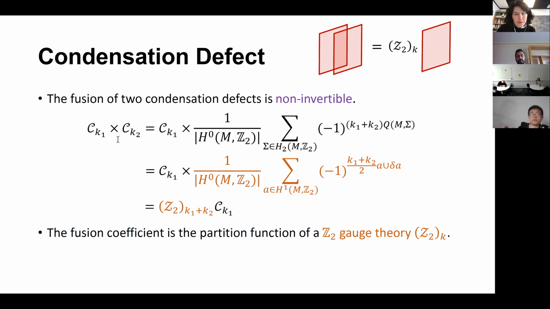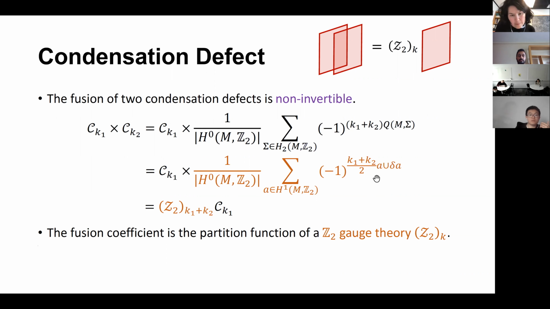And then we can just fuse the symmetry defects with CK1 one by one. And when we do that, we'll just get CK1, and then we'll get some additional phase. So the additional phase will just combine with the sum in CK2 into these objects. So this will be a sum over surfaces sigma, and the summand will be some phase that depends on the underlying manifold and also depends on sigma.